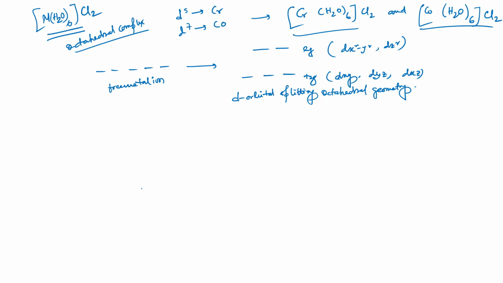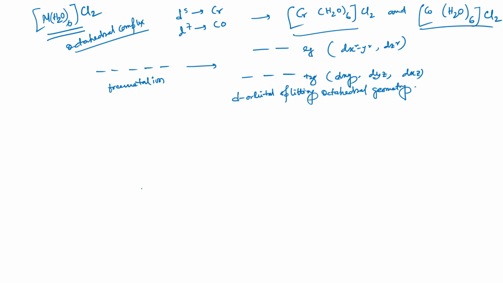The valence electrons of the transition metals will go into the d orbitals. So now there will be an energy difference between the d orbitals: the t2g set has lower energy and the eg set has higher energy.